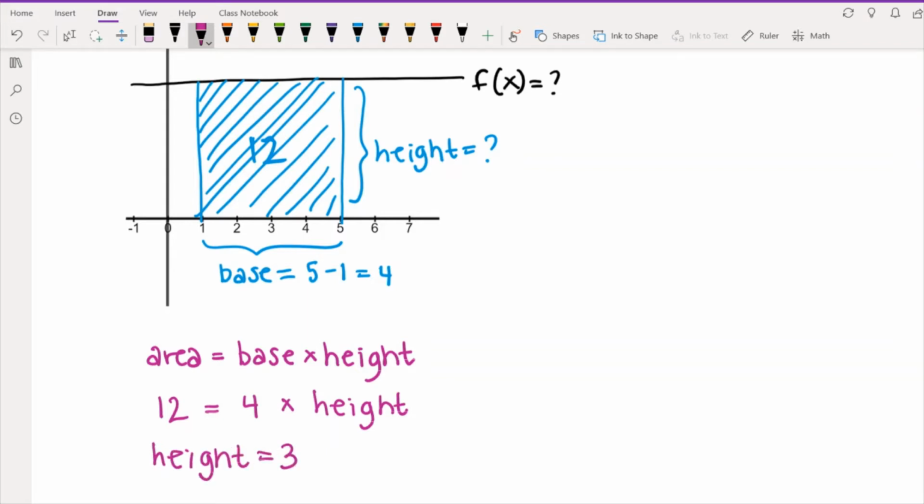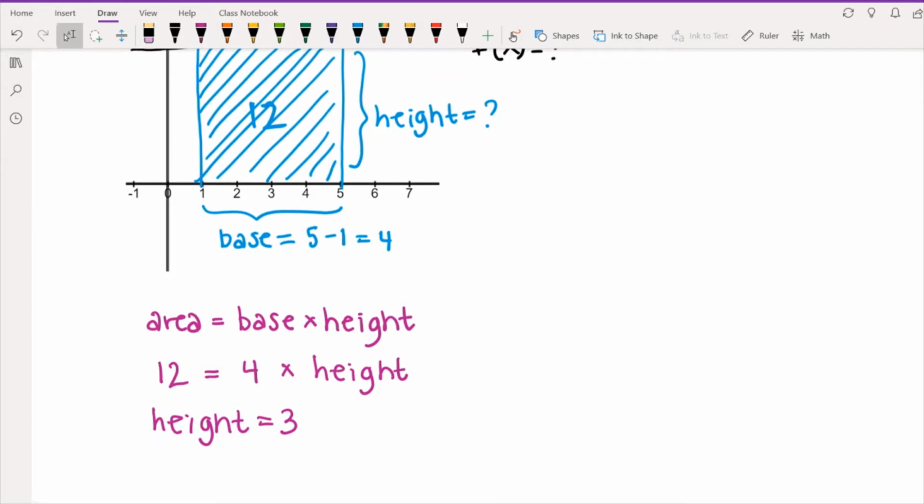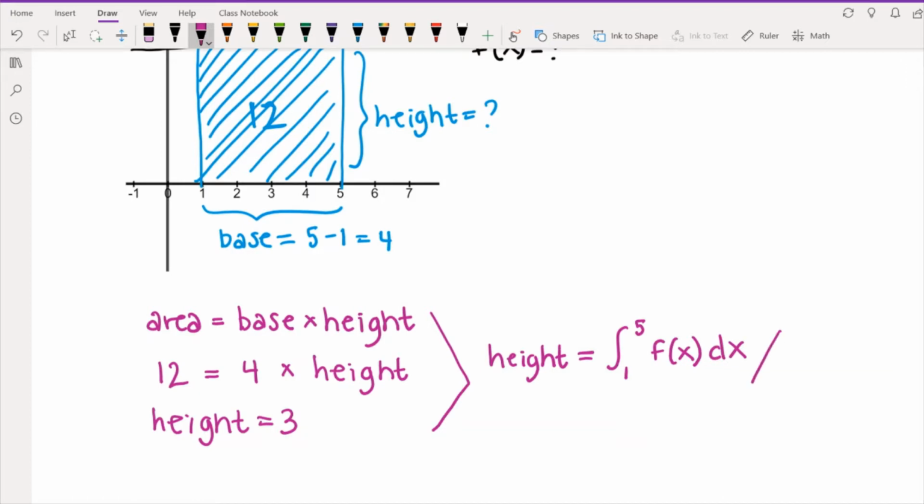This is not a question that we would need calculus to answer, but I want to rephrase what we did here in terms of calculus, because the calculus format of it is what we will then go ahead and use in the future. So basically what we just did here is, actually I'll say it this way, we found the height by taking the integral from 1 to 5 of our function and dividing it by 4, right?